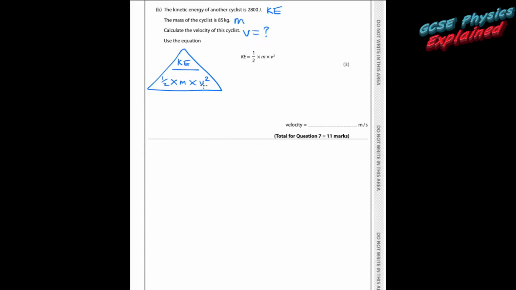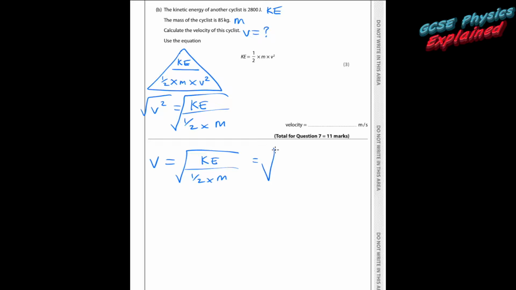Now we're looking for the velocity, so cover that up, and what you're left with, velocity squared would equal kinetic energy divided by a half times m. Now remember, we don't want velocity squared, we want velocity, so let's square root both sides, and we would be left with v equals the square root of kinetic energy divided by a half times m.